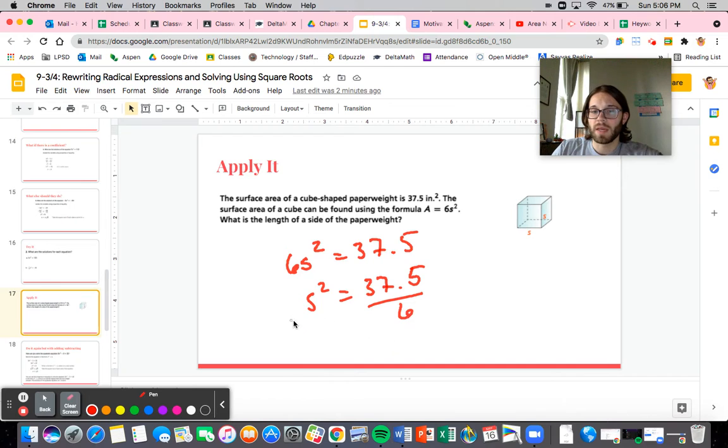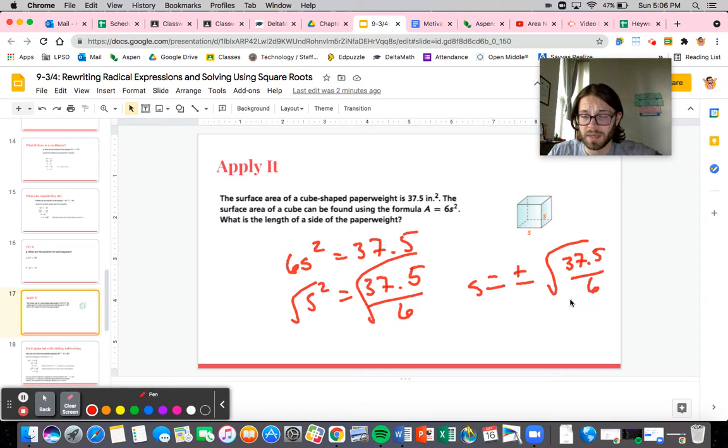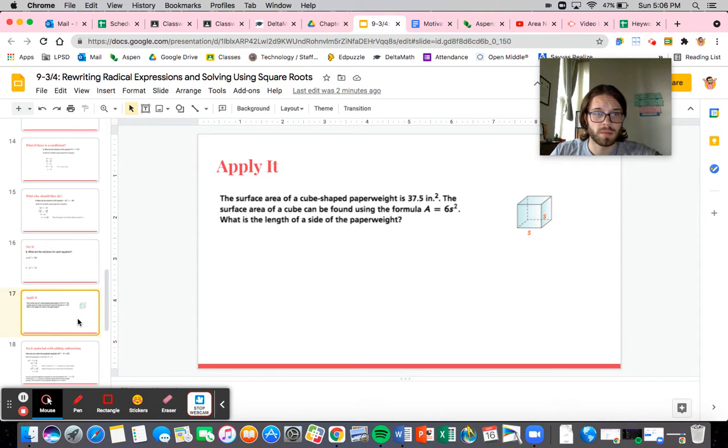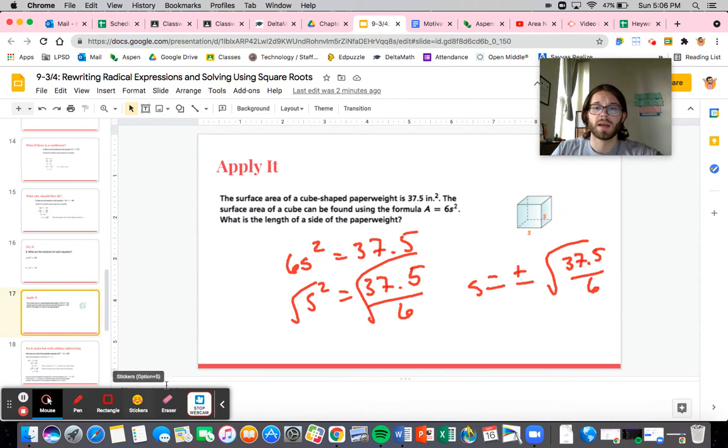Now, you're going to take the square root of both sides. So you're going to have s equal to plus or minus the square root of 37.5 over 6. Now, you have a decimal here, so you're not just going to be able to simplify this nicely. So what you would do at this point would be plug it into a calculator and write it as a decimal.